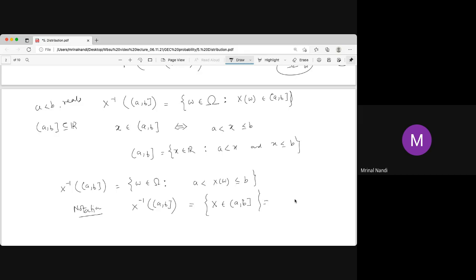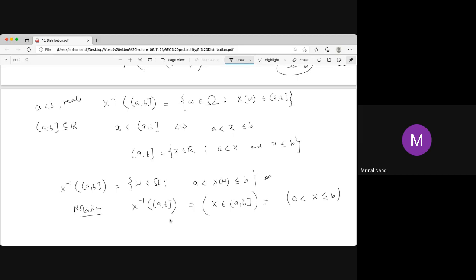Or sometimes we write this with an easier notation. So X inverse of (A,B], which is actually this set, we write in this notation.